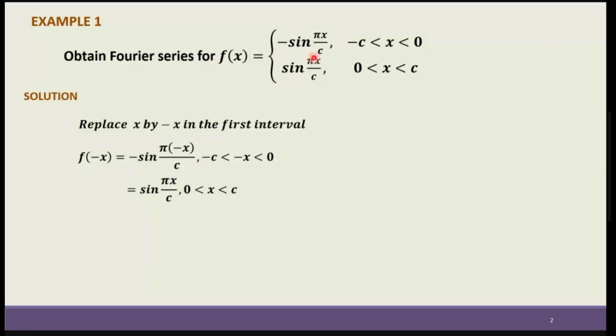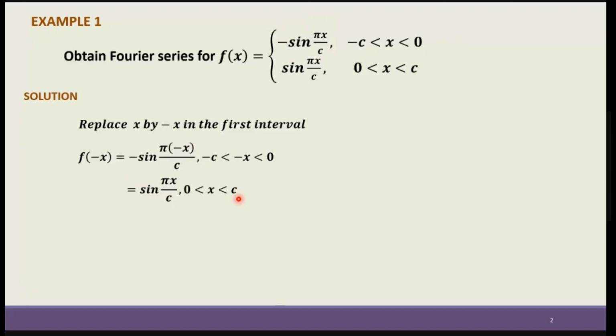When you put x equal to minus x in the first interval, check the answer. If you get the same function, it is even, and if you get minus of it, it is odd. Here we get the same function, therefore this function is an even function.